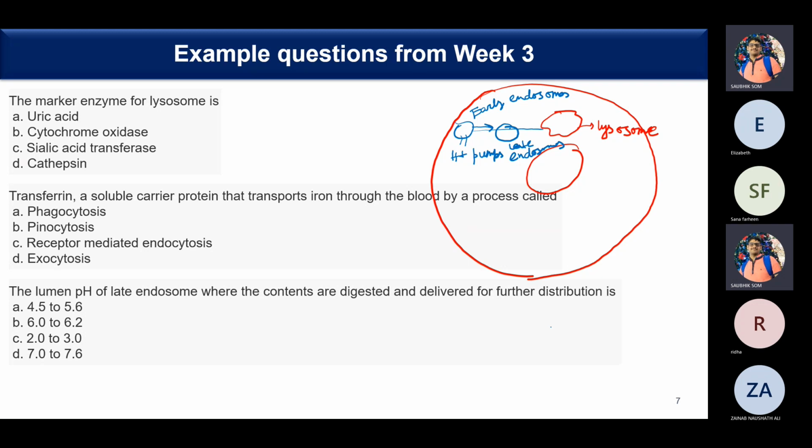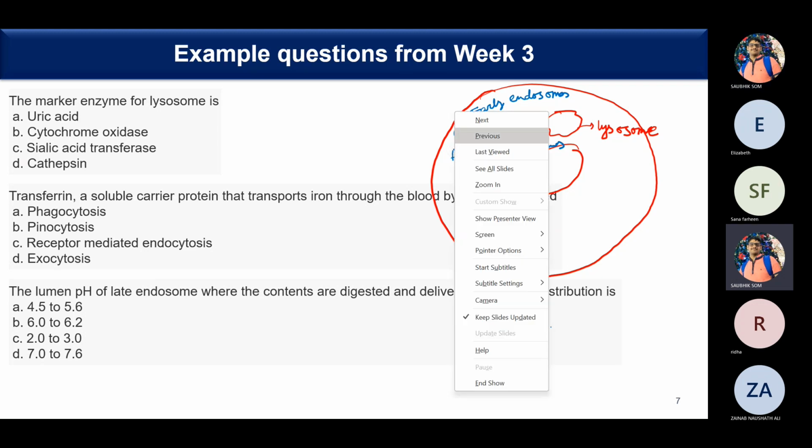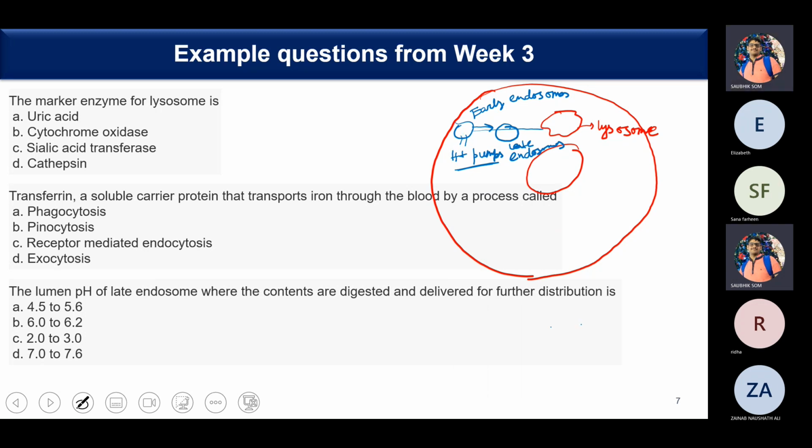So these H plus pumps will always pump H plus ions inside. If the pH here is say 7 to 7.4, because H plus ion is being pumped in, it will become more and more acidic.